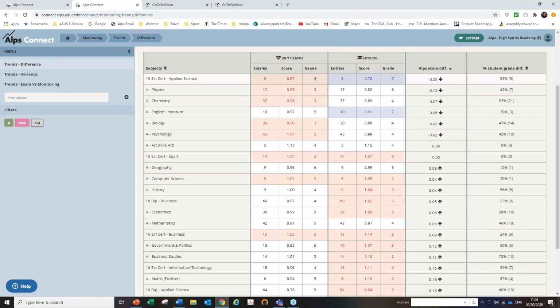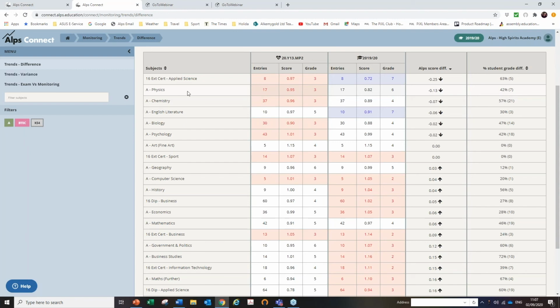This was a blue subject, to losing confidence in that and deciding to submit much lower grades. English Lit we've already covered. Physics is interesting here because 0.13, that's over half the grades went down in physics at the end.